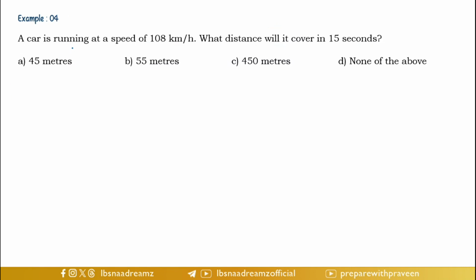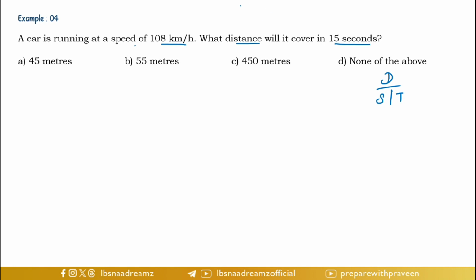A car is running at a speed of 108 km per hour. What distance will it cover in 15 seconds? We have to find the distance covered by the car in 15 seconds. So what is the formula for distance? Speed into time.